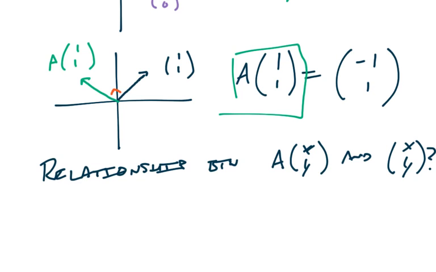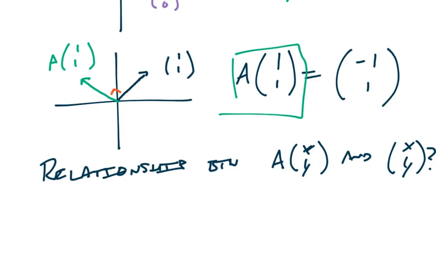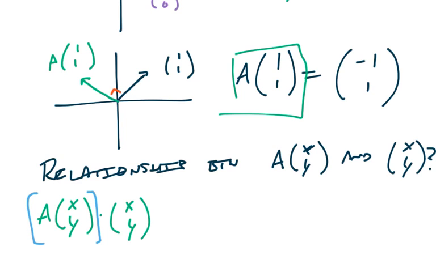All right, so A of xy has this formula, which I'll use again. A of xy dotted with xy. And here I'm just going to put brackets around the thing that needs to stay together. I can't view this as A of the vector xy dotted with the vector xy.